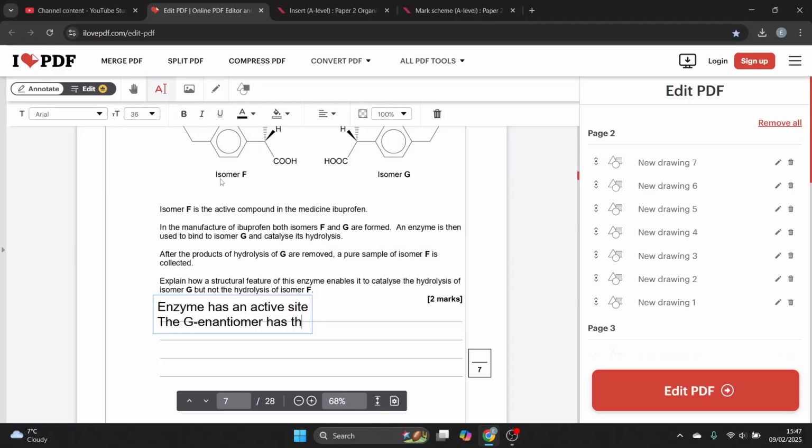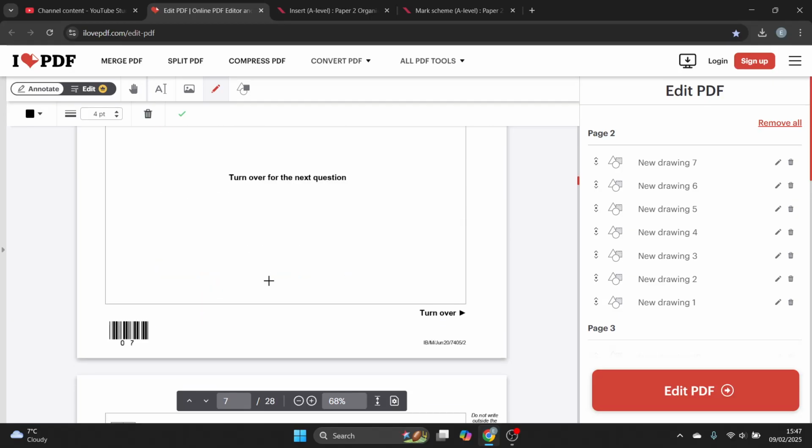That's why the structural feature enables it to catalyze hydrolysis of isomer G but not isomer F, because it has an active site and the G enantiomer has a complementary shape, whereas the F enantiomer does not have the complementary shape.